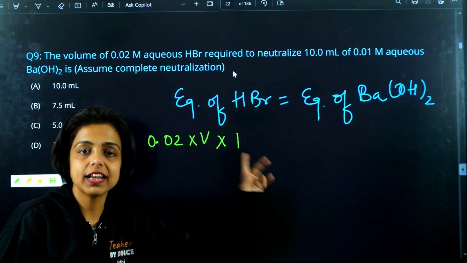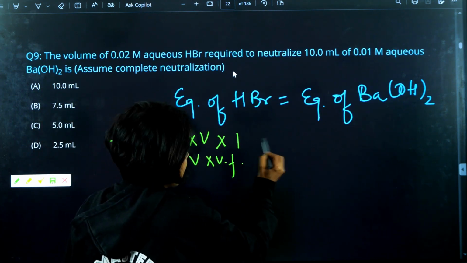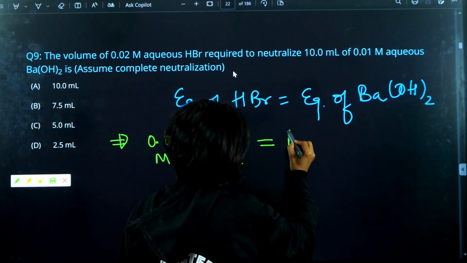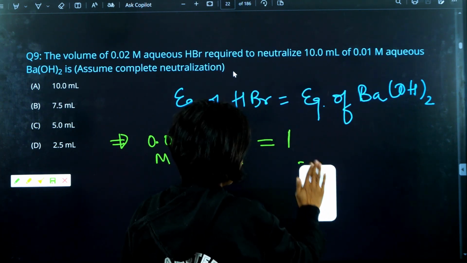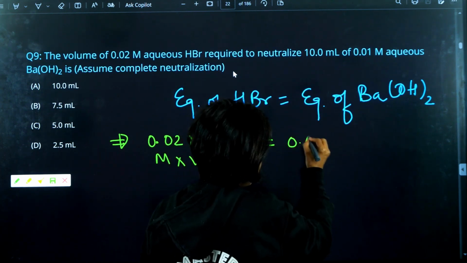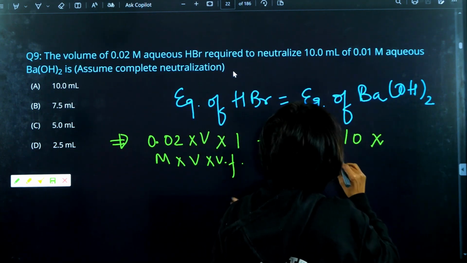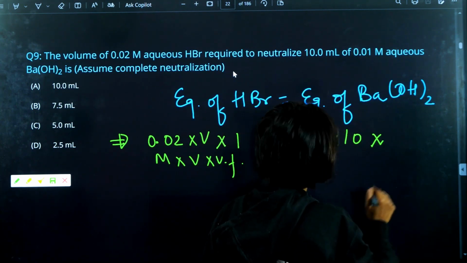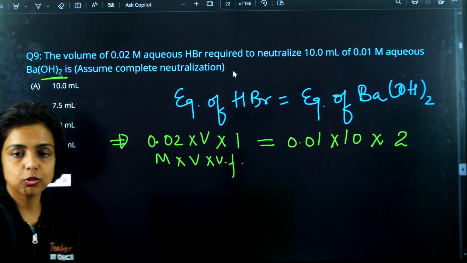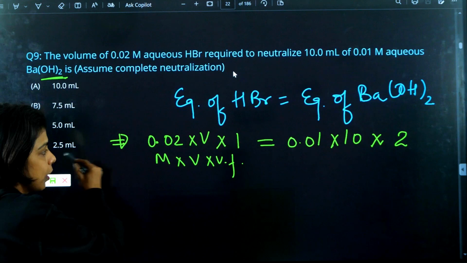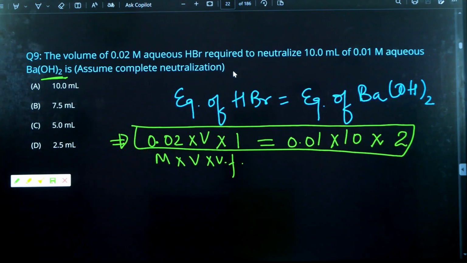That equals 0.01 molar barium hydroxide times its volume in ml, with valency factor 2, since one molecule releases 2 OH. So you get the equation, and V is the unknown.